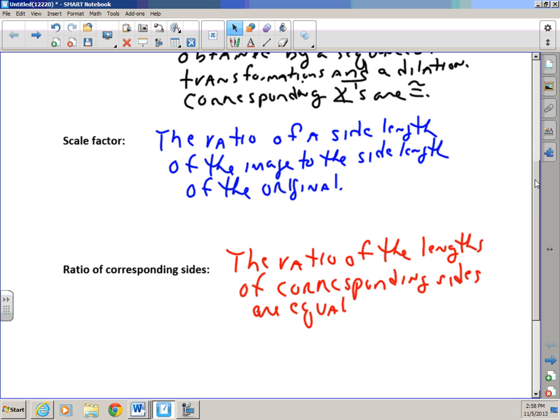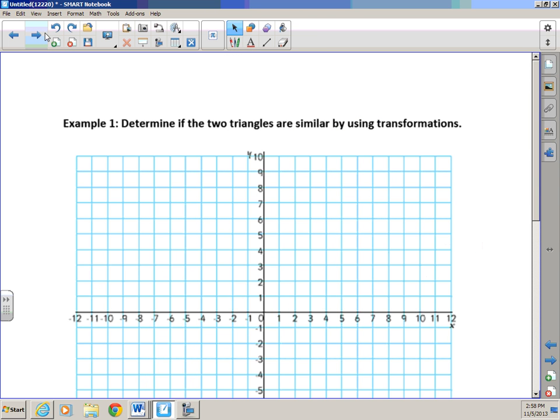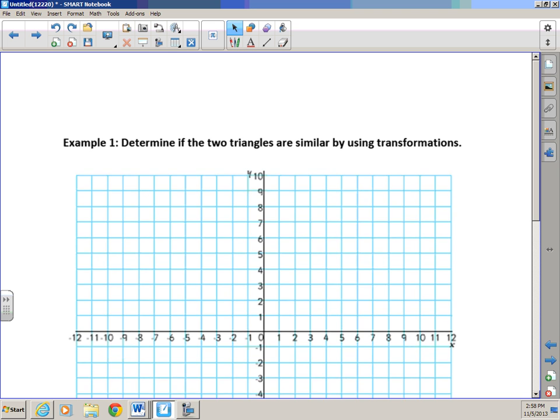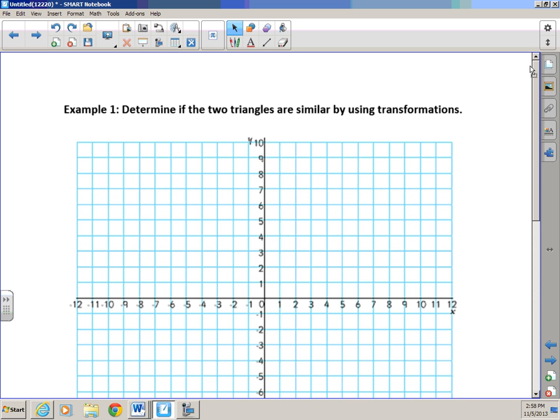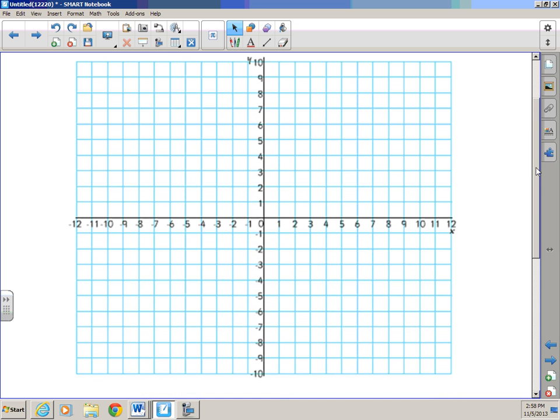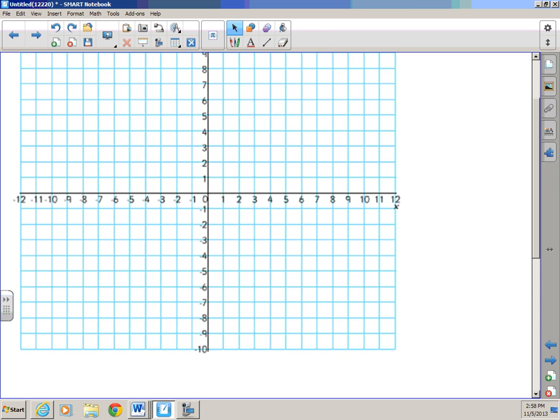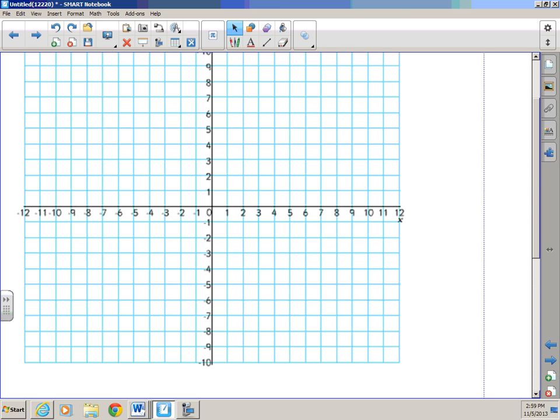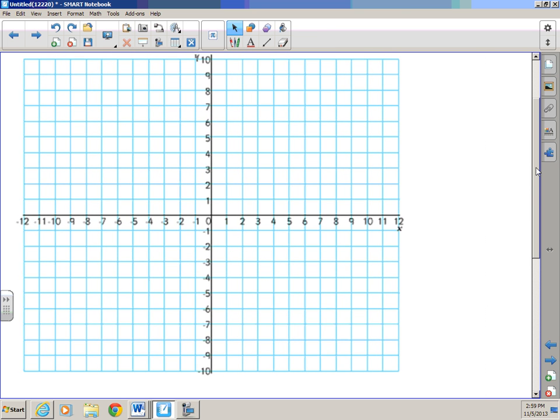Okay, now what we want to do is the following. We want to take, and I'll write the coordinates of the figure off to the side here. And you will graph, if you haven't already, the figure. And you're going to tell me if they are similar. So we're going to take triangle ABC.